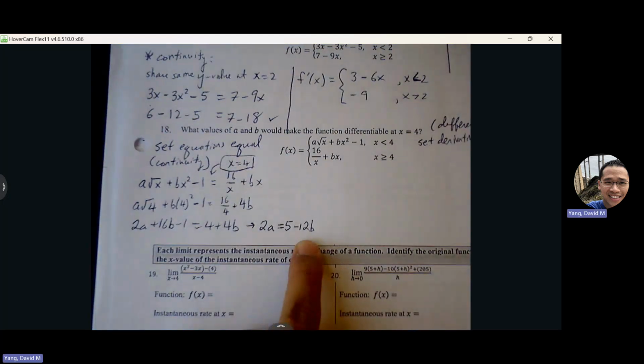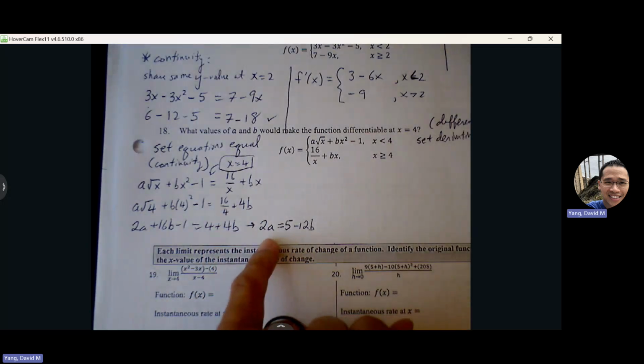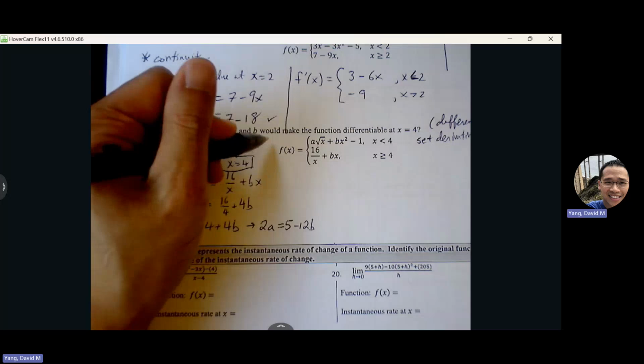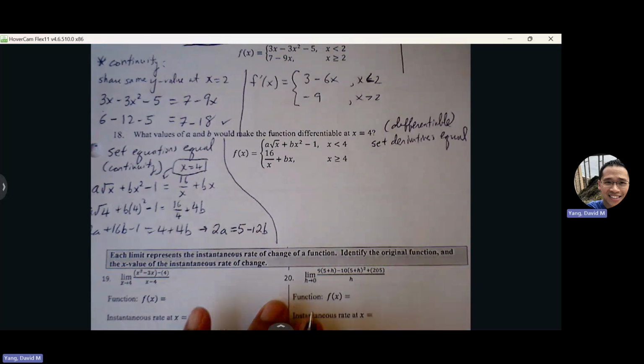The best I can do is combine like terms, combine my a's, but I can't really do much more beyond that. So I have to wait to see the progress of my other equation.